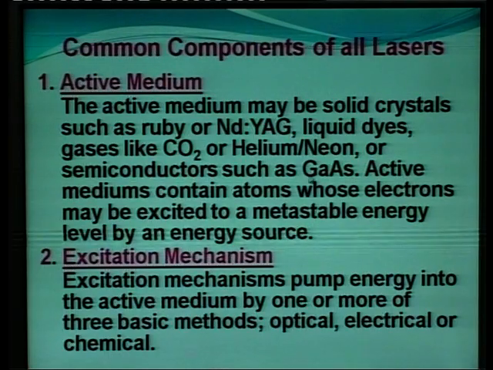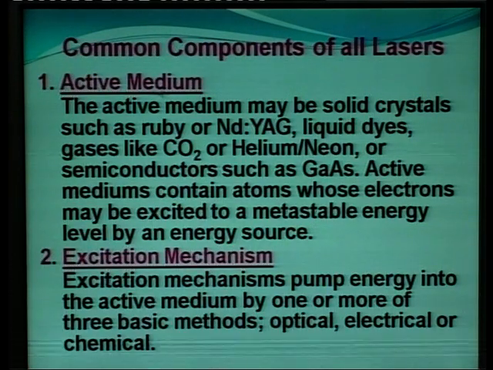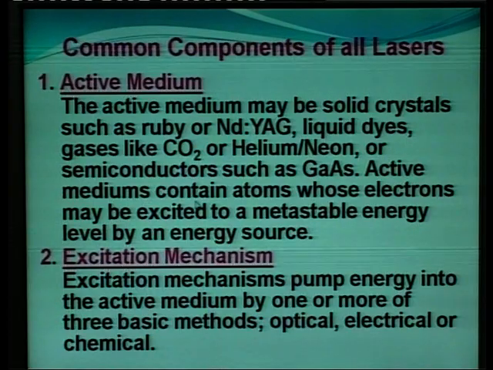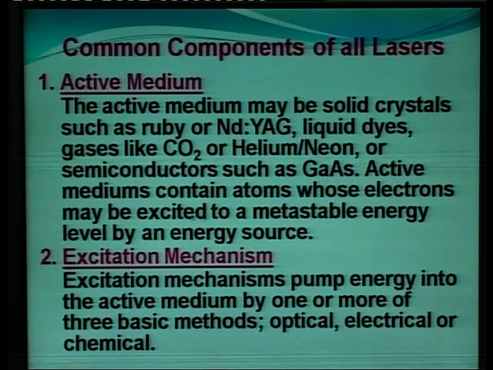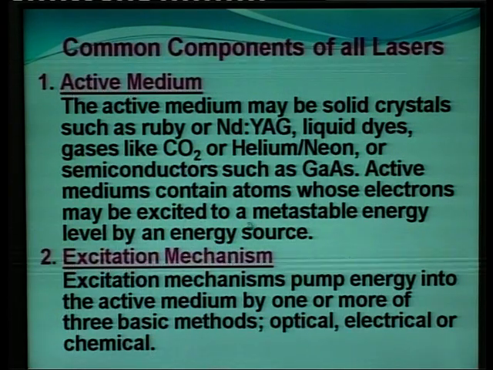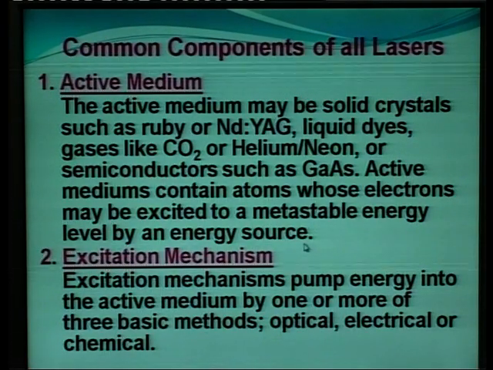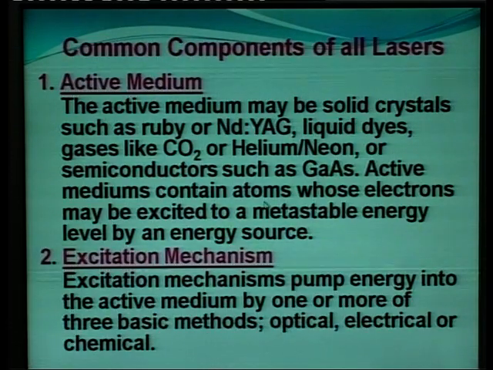So these are the materials which can act as active medium. Active medium contains atoms whose electrons may be excited to a metastable energy level by an energy source. So the active medium is required because it contains the atoms which are to be excited.